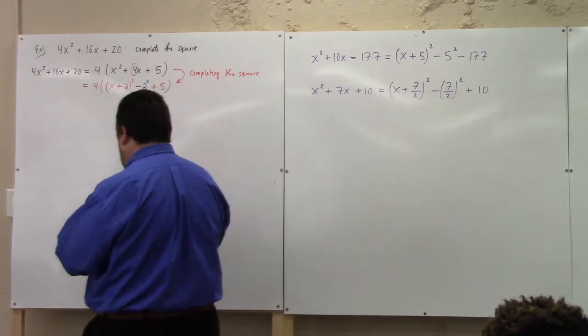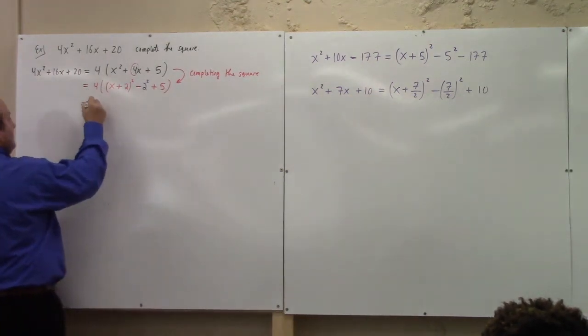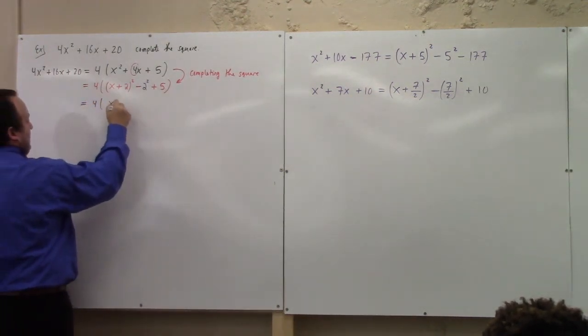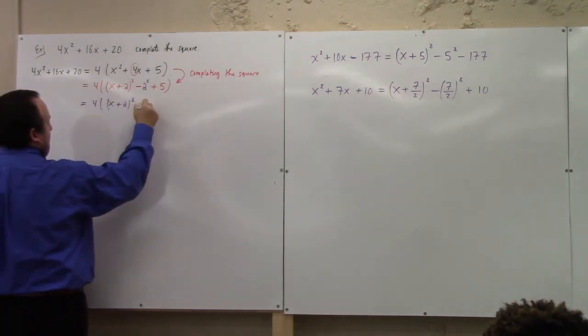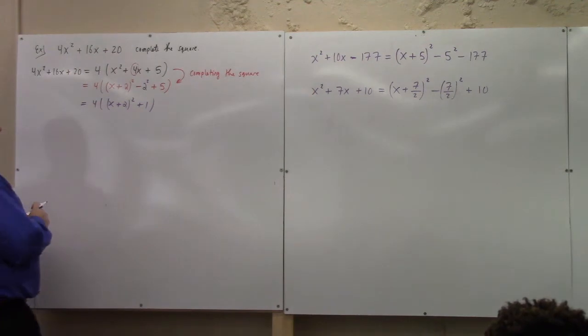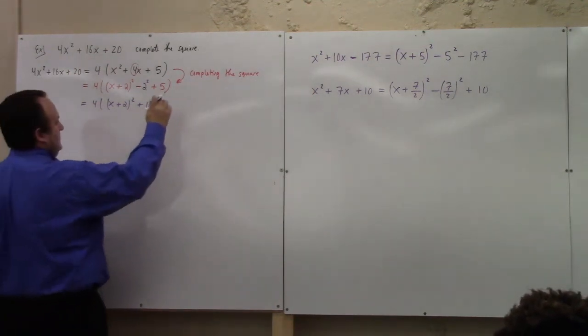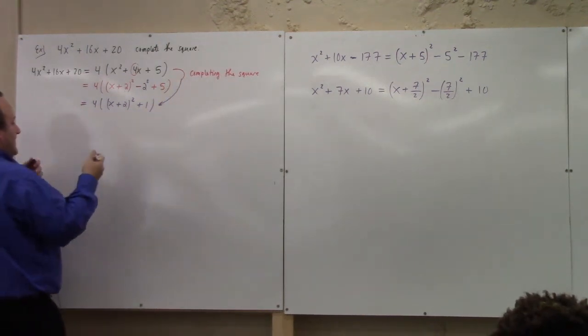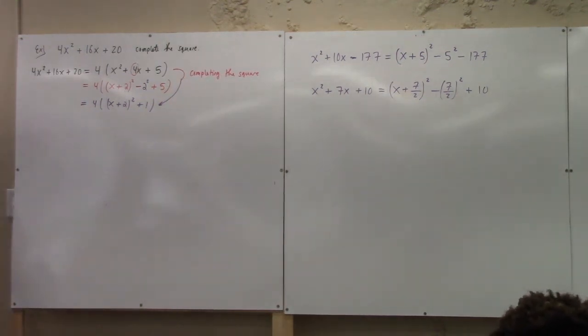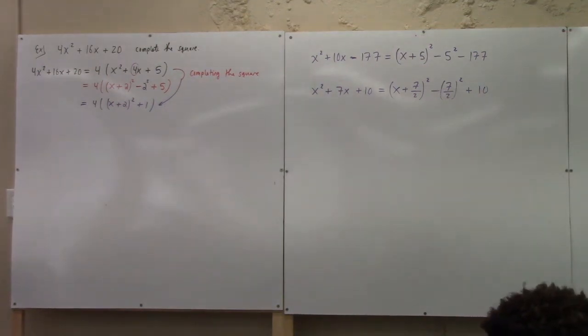All right, so we've got x plus 2 quantity squared plus 1. So again, I kind of like this for completing the square. When I say complete the square, I really want you to clean up your mess, do the subtraction, lump it together with a constant.